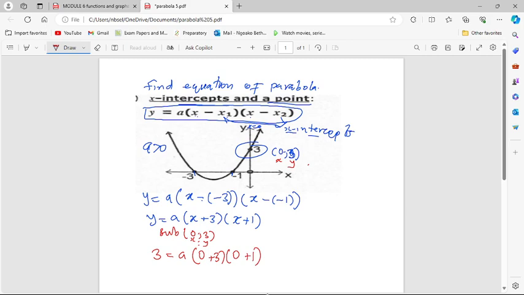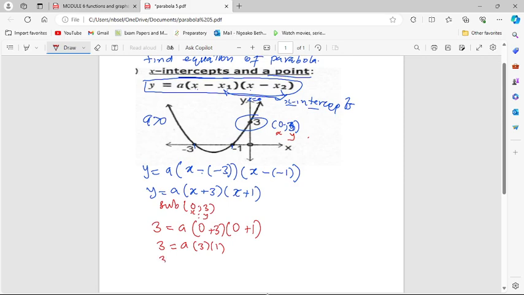Now when you multiply here, 0 plus 3 is 3, and 0 plus 1 is 1, so we have 3 multiplied by 1. So 3 equals a multiplied by 3. We divide both sides by 3, then we have a equals 1.